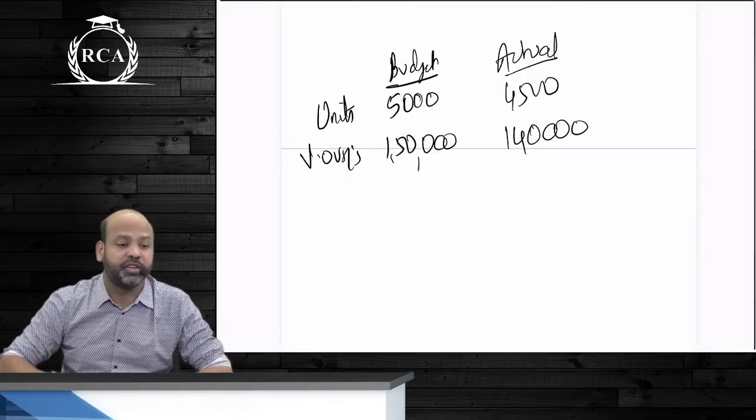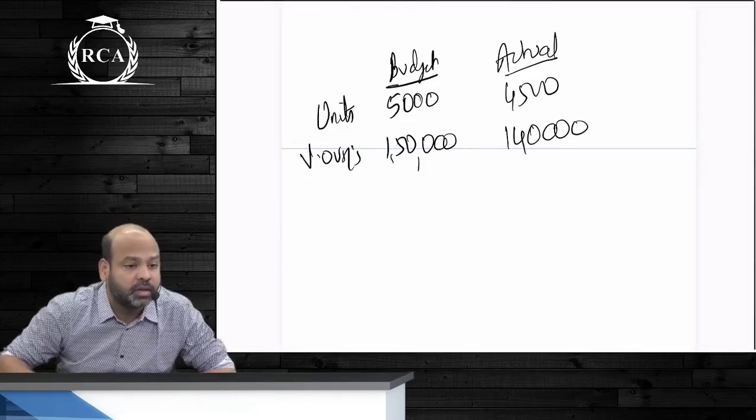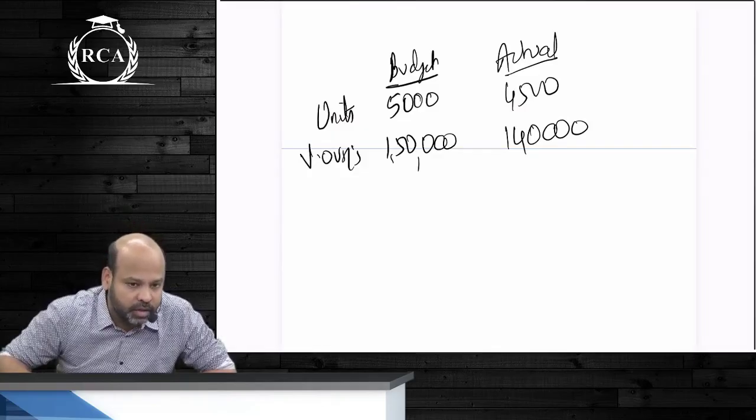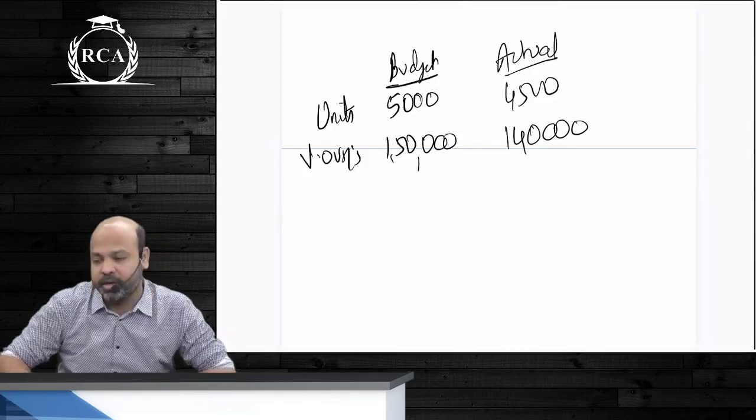Variable overhead efficiency variance. Raghav. 5,000 adverse. Sanvi. No idea.